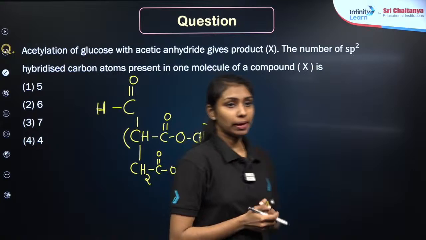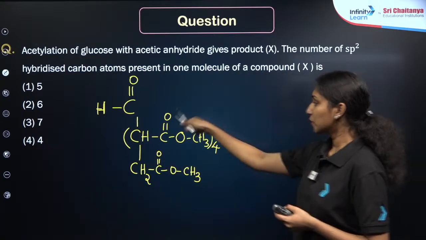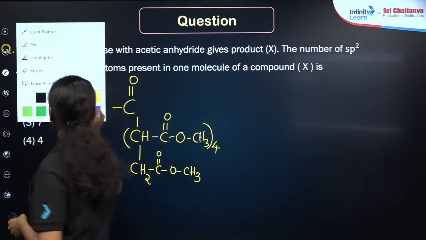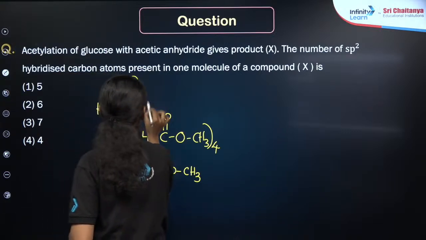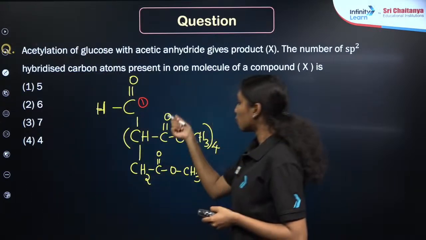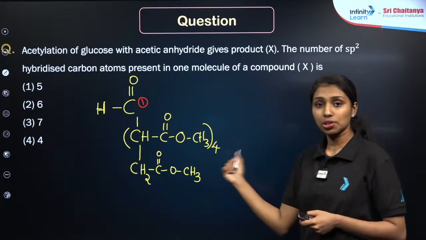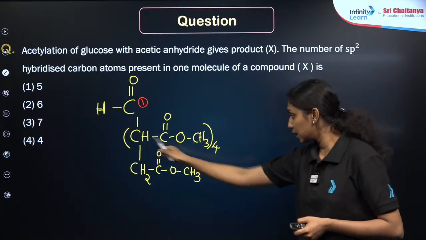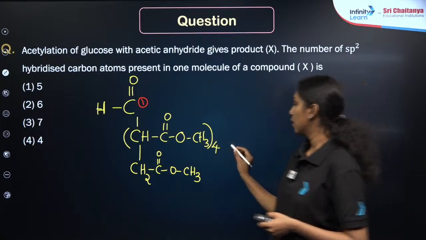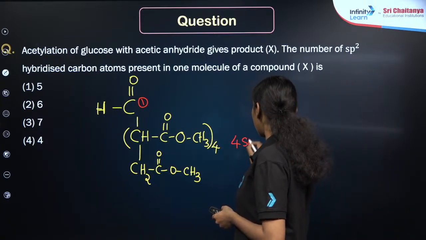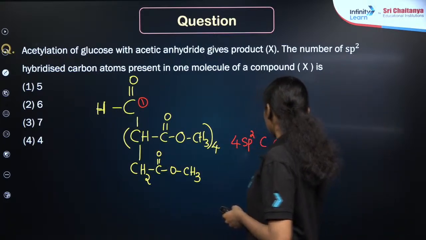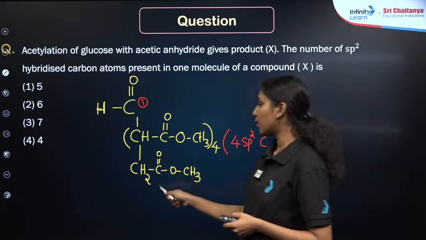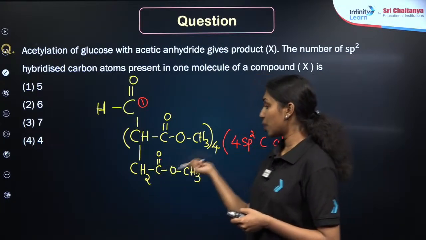Right, sp2 hybridized carbon atoms here. This is one of the carbonyl groups having sp2 hybridization. This is the first one. Then what about here in the case of acetic anhydride? CO group is present here, right? Total 4 CO groups are present here, which means 4 sp2 hybridized carbon atoms are present in this particular section, right? Then the last one is again one CO group, having one sp2 hybridized carbon atom.